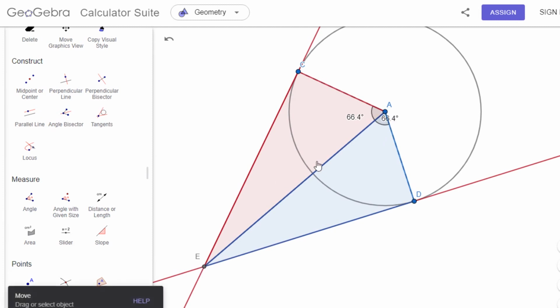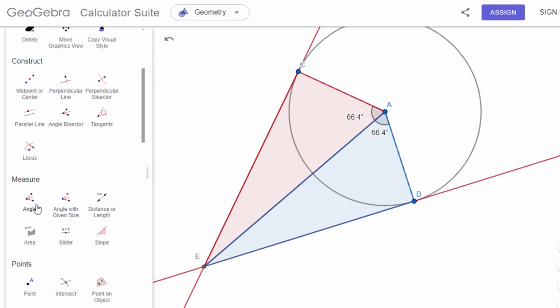And as you can see, it's 66.4 because the angles are the same. The triangles are exactly the same, therefore the angles should be exactly the same. If you are required to find this angle ADE, just remember that theorem that we talked about. This is a radius and this is a tangent. And where the radius and tangent meet, they form a 90.